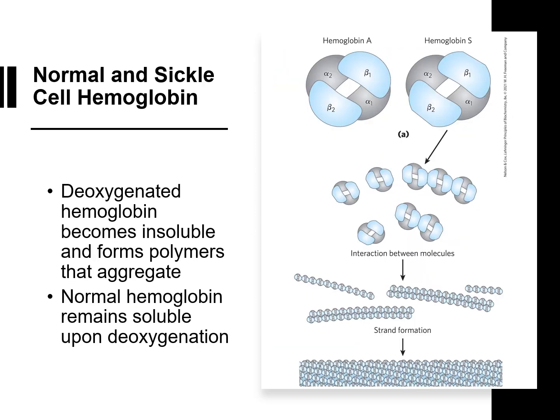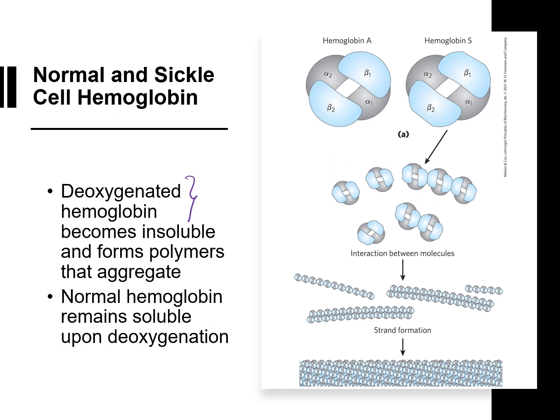Why does that happen? Well, the deoxygenated hemoglobin, since oxygen can't bind, actually becomes insoluble. And this forms polymers of proteins that aggregate together. We have seen before that aggregation is generally bad news if we have protein aggregation.